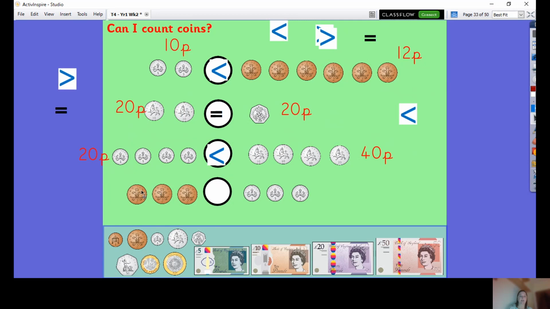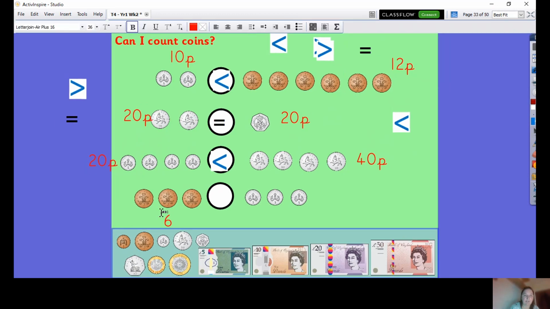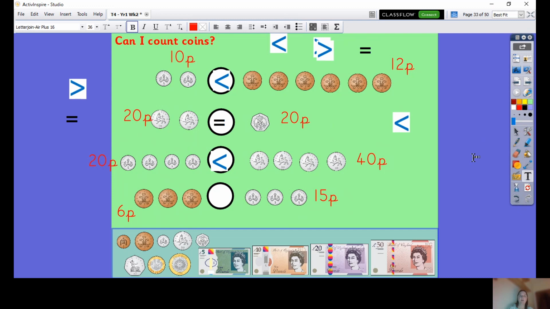Let's have a look at this side. So again, we've got 3 coins either side. We've got 2, 4, 6 pence. I used my counting in twos then. I hope you did as well. And then we're going to count, these are 5p's, counting fives with me. 5, 10, 15, 15p. Okay, so let's compare the sides.